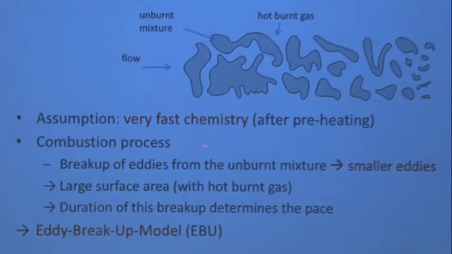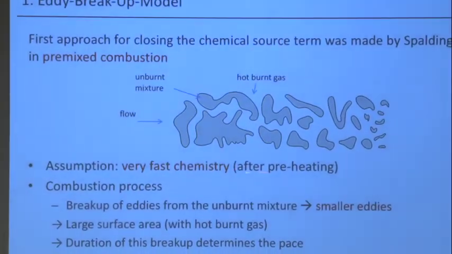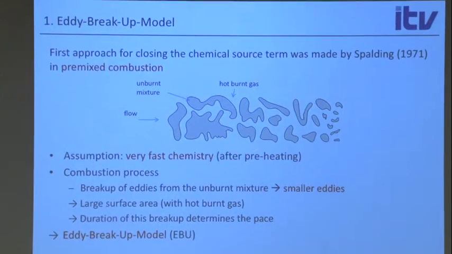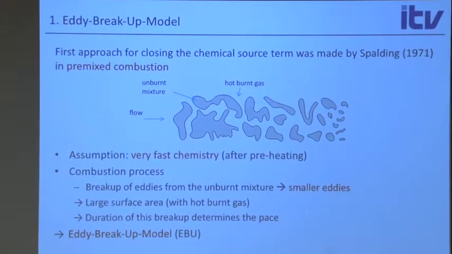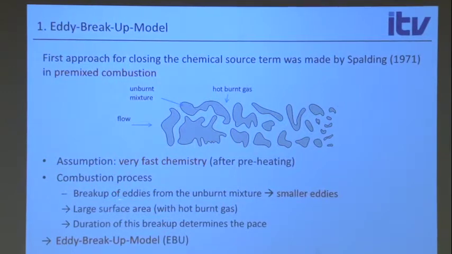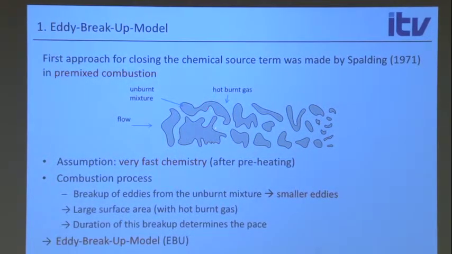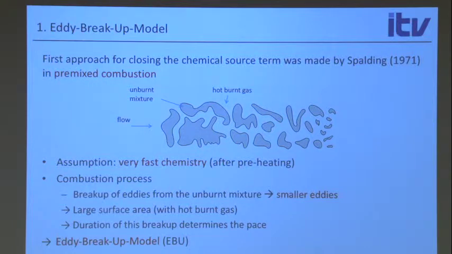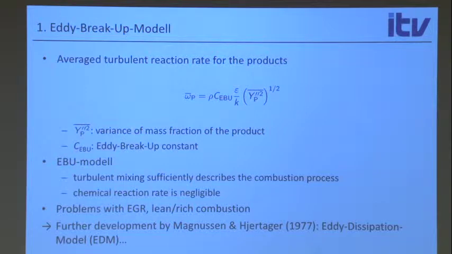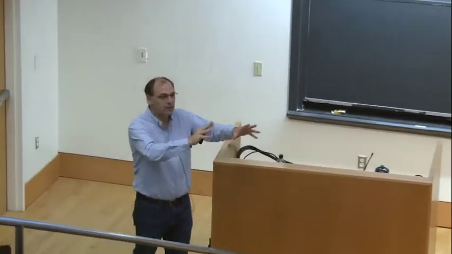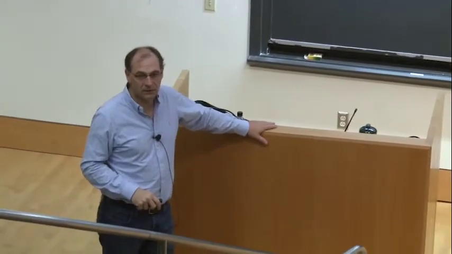So we assume very fast chemistry, infinitely fast chemistry after the fuel air mixture is preheated, and then the combustion process proceeds by the breakup of these eddies, which is then really the mixing process, and so this is called here the EBU model. The chemical source term is then modeled like this. We say the chemical source term is controlled by mixing, by preheating the cold fuel air mixture. And so it proceeds with a turbulent time scale.